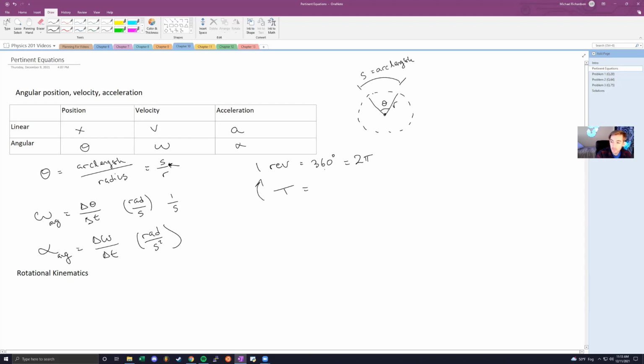So if we think about it in a similar way to distance divided by velocity, then what we'd have is 2 pi divided by our angular velocity, where we can consider this as the distance of one revolution over how quickly we're moving around, or how long it would take to get that one revolution.